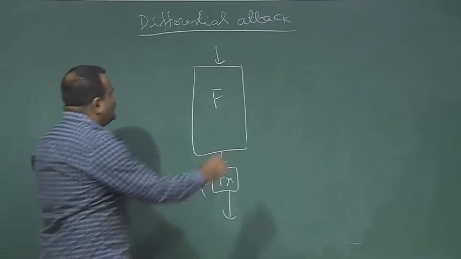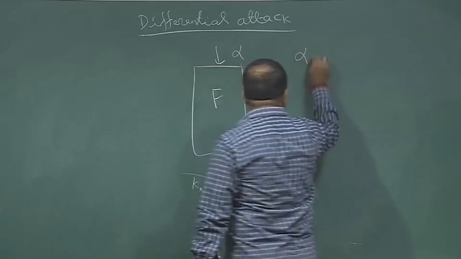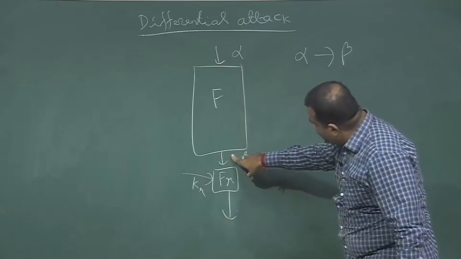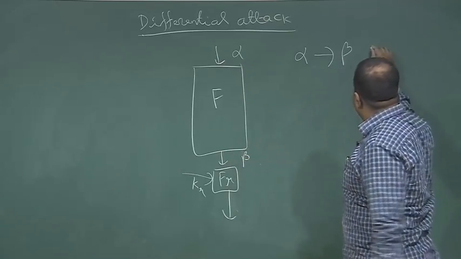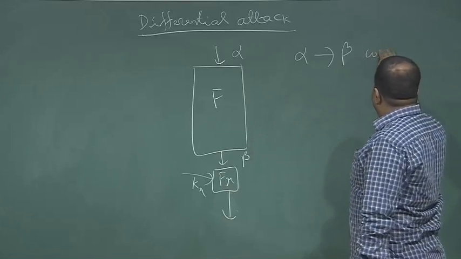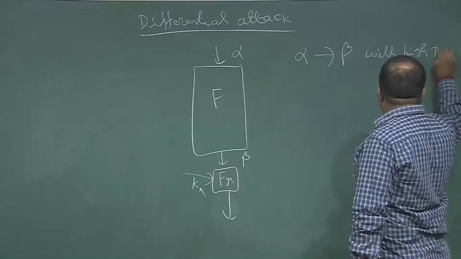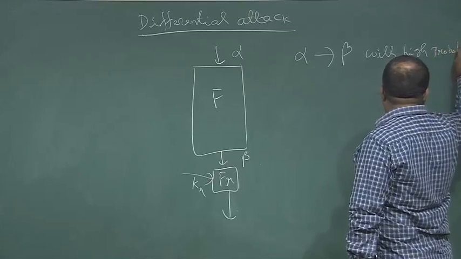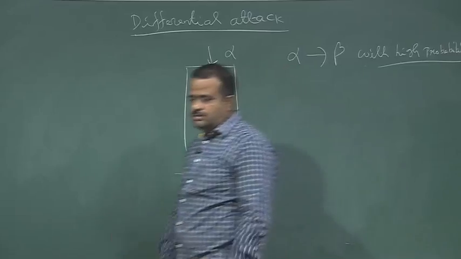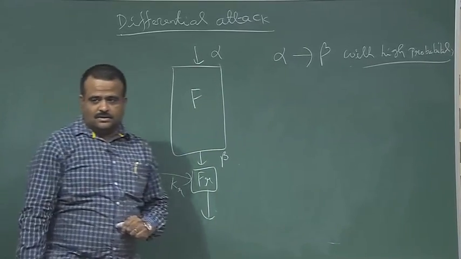We know that an alpha beta pair exists. If the input difference is alpha, then the output difference of F will be beta with high or significant probability. This exists, otherwise we cannot have this attack. This is a probabilistic attack, otherwise sorry boss, this cipher is secure under differential cryptanalysis.